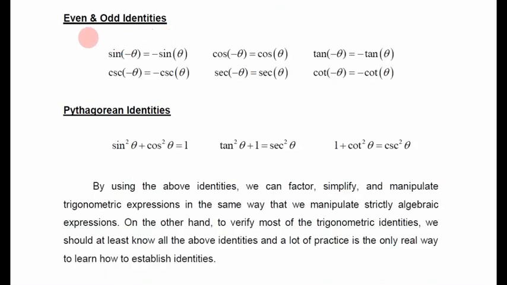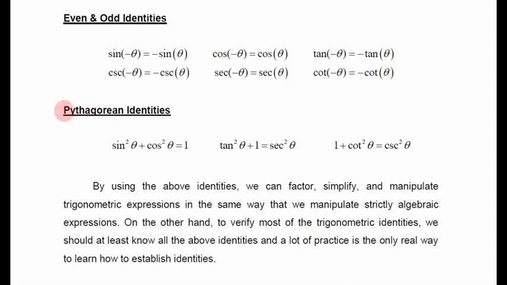These are called even and odd identities, where sine negative theta is equal to negative sine theta, cos negative theta is equal to cos theta, tangent negative theta is equal to negative tangent theta, cosecant negative theta is equal to negative cosecant theta, secant negative theta is equal to secant theta, cotangent negative theta is equal to negative cotangent theta.